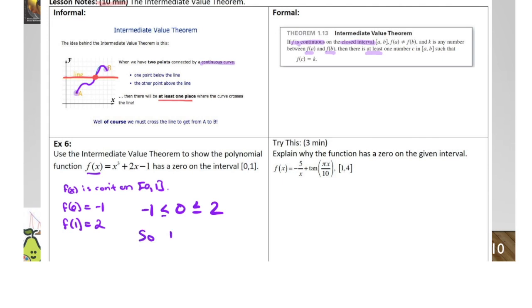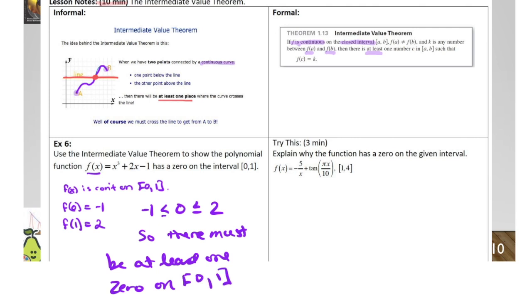So there must be at least one zero on [a, b], and [a, b] in this case being [0, 1]. And now for good measure, we write by the intermediate value theorem. The cool people call it the IVT.